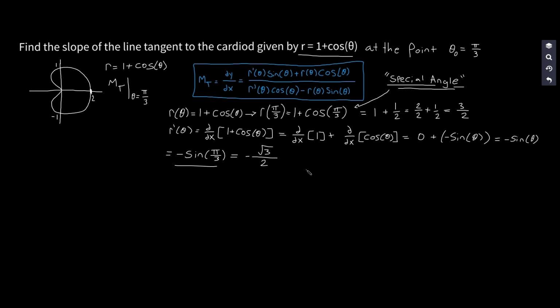Special angles are a little bit tricky, but after I finish this video, I think I'm going to record a video on the unit circle and talk about special angles a little bit there, and parametric equations. But I digress. Let's continue forward with this. So we have what we need at this point, right?